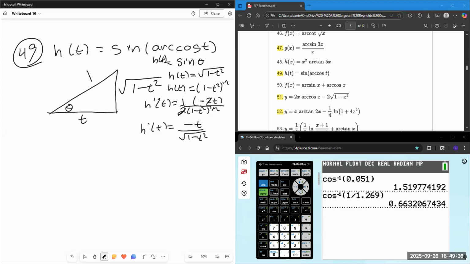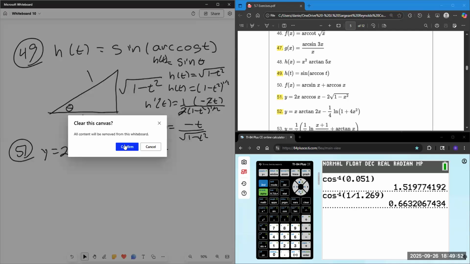Number 51. Y is equal to 2x arc cosine of x minus 2 root 1 minus x squared. I'm going to give myself the entire board for this.